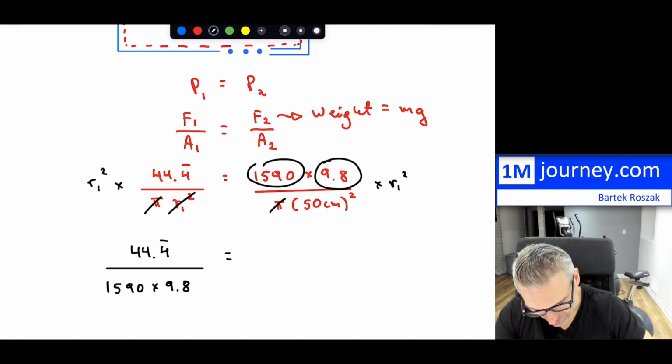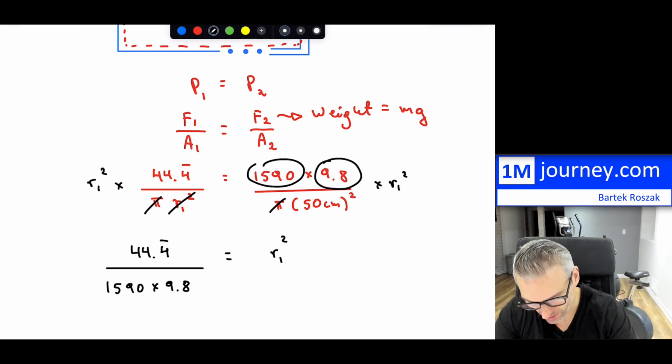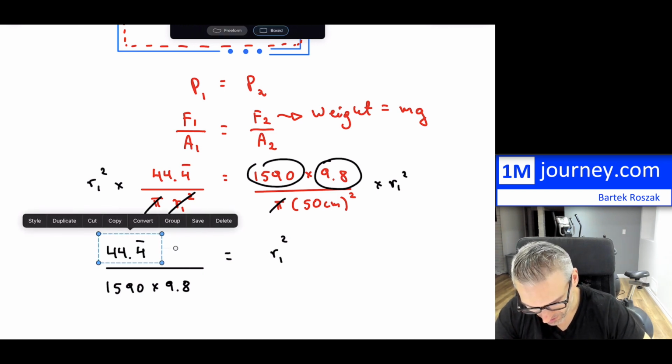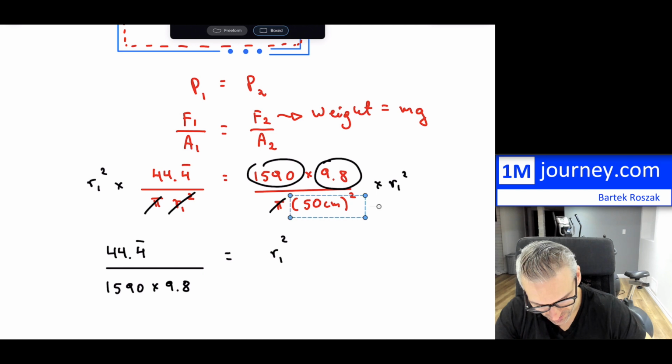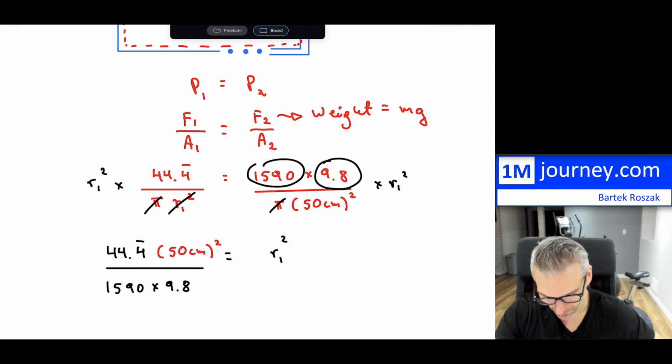And what that will leave me with is going to be r1 squared, and then this right here, the radius right here, we no longer need it, so I'm going to bring it over to the other side. So I'm going to make room for that there. I'm going to multiply by this, so it was at the bottom. Now if you multiply both sides by it, it will cancel from one of the sides and it will end up over here.